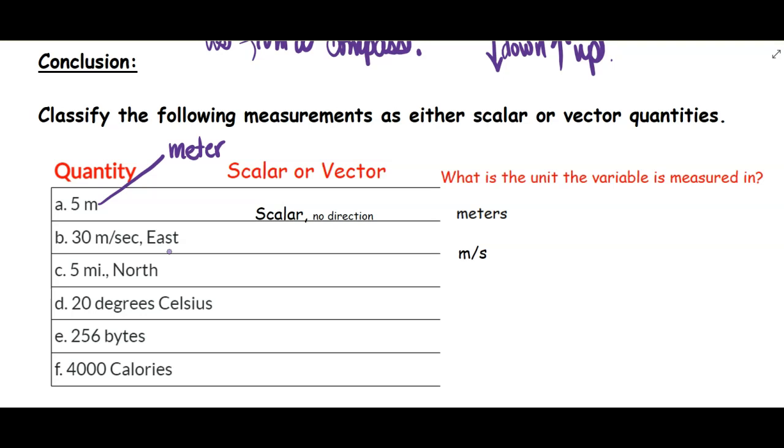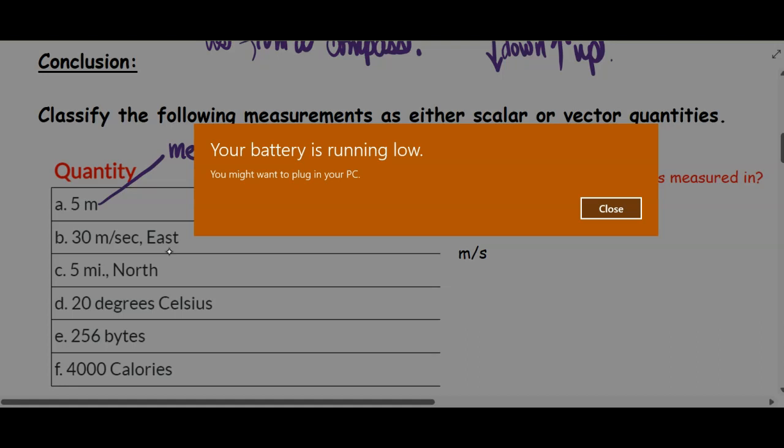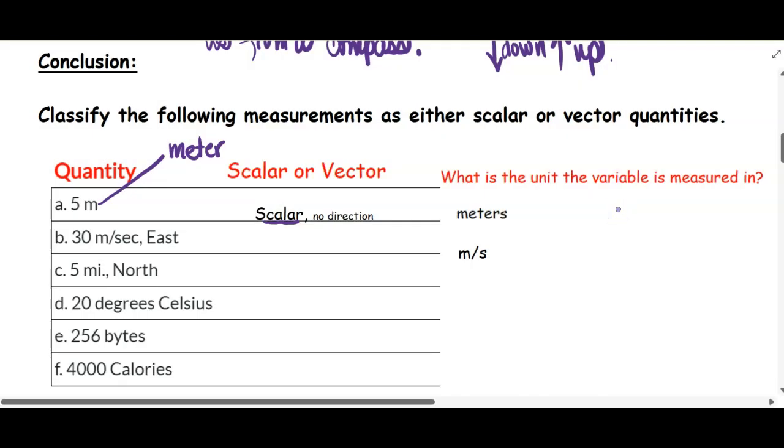It only has a number and a unit, so therefore we call it scalar. It doesn't have any direction associated with it, does it? And this says then what's the unit the variable is measured at? Since students have trouble with identifying vectors, that's the reason that I put this in.